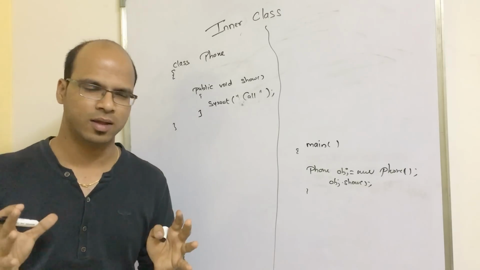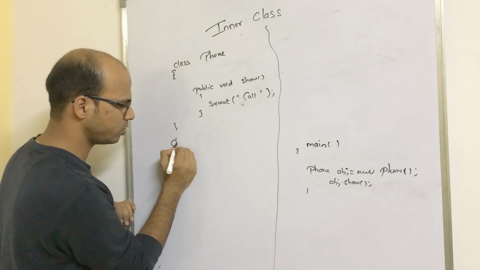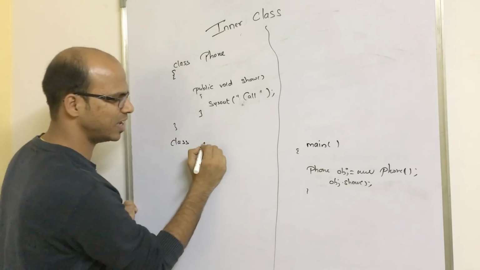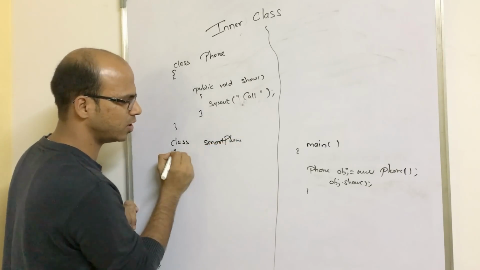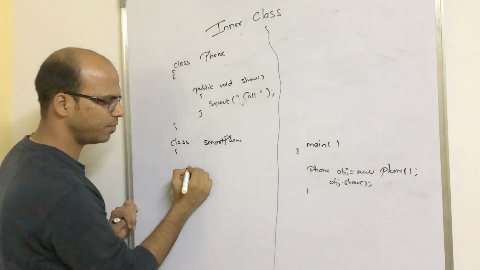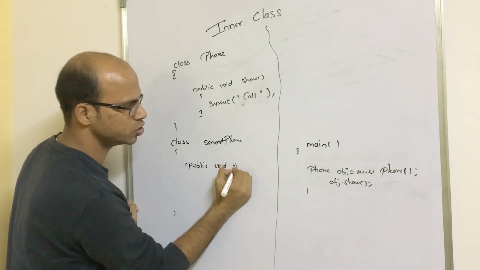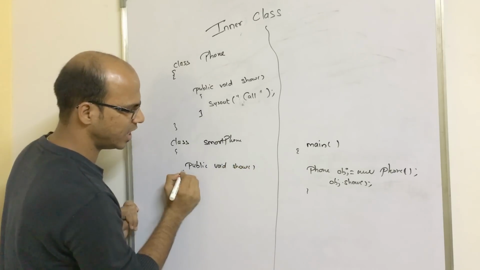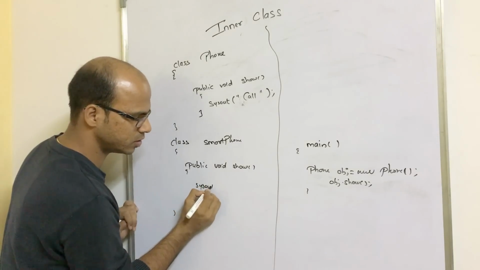Not just call. So what we can do is we can create a new class, and we can name this class smartphone, because you can do multiple things now. And in this smartphone, you will be having a method which is again public void show. And now this show, if I call this, it will print sysout.